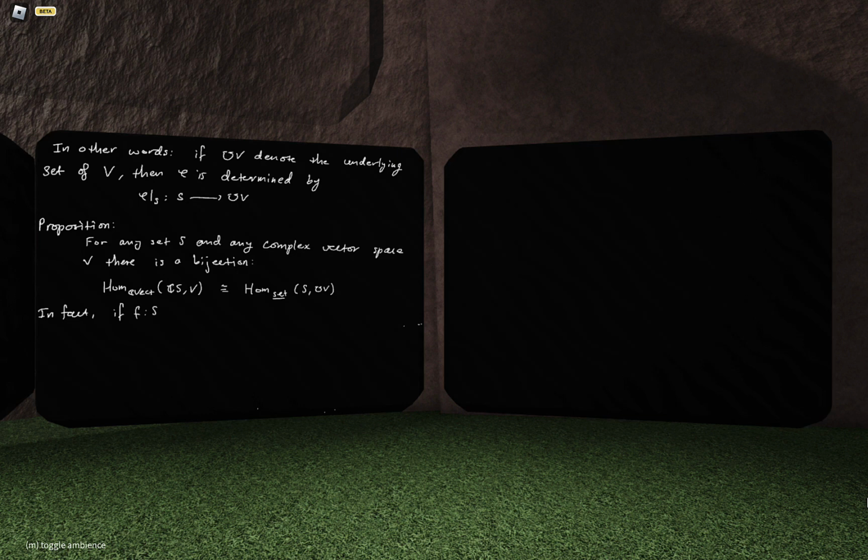In fact, if F from S to T is a function of sets, and let's say psi from V to W is a linear transformation, then we have commutativity of a pair of diagrams.